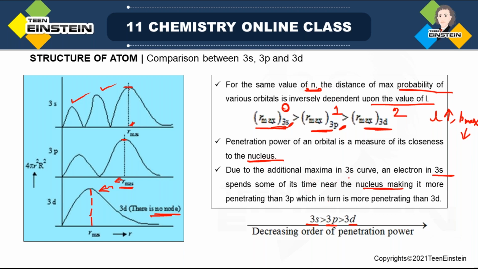Fine, because of this additional maxima in the 3s curve. And that is the reason why it is more penetrating than 3p, and 3p is more penetrating than 3d. Okay, so this is the explanation why penetration power is decreasing from s to p to d. Fine.